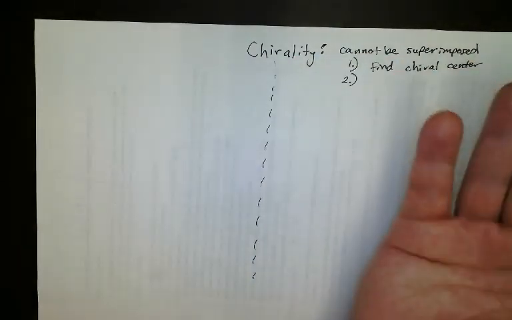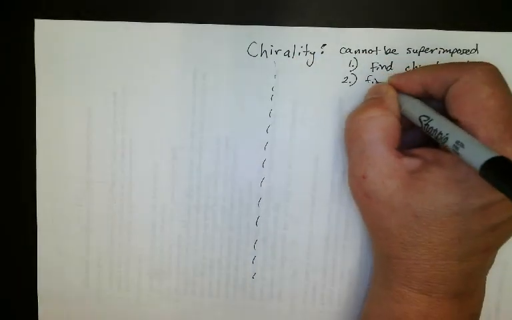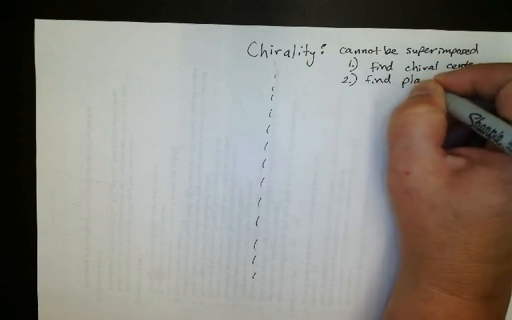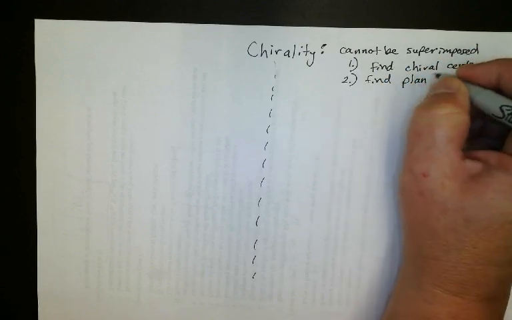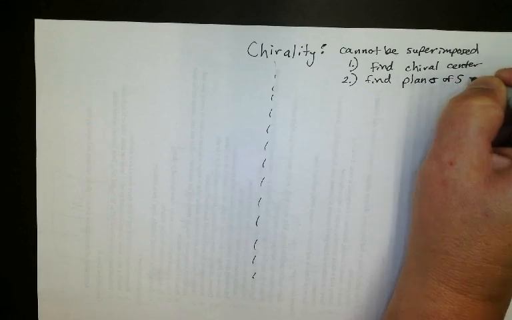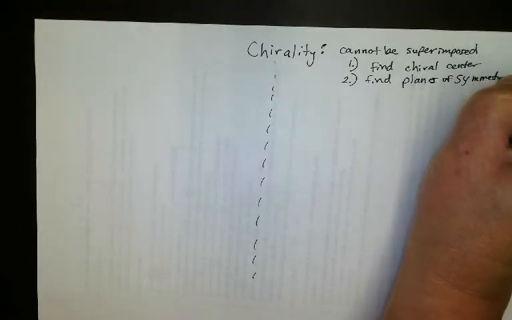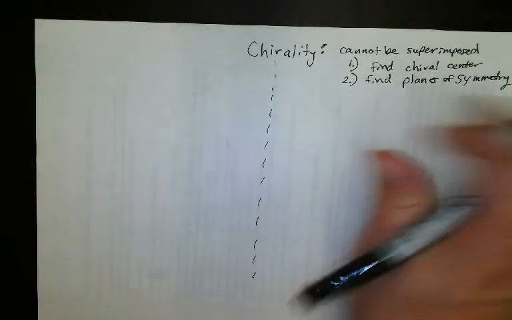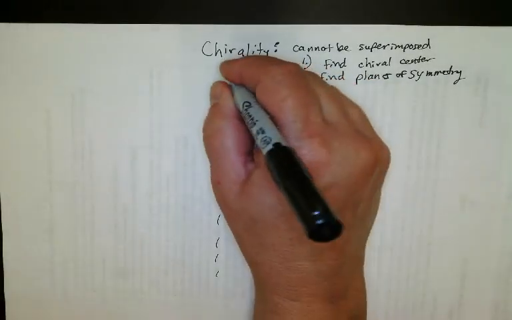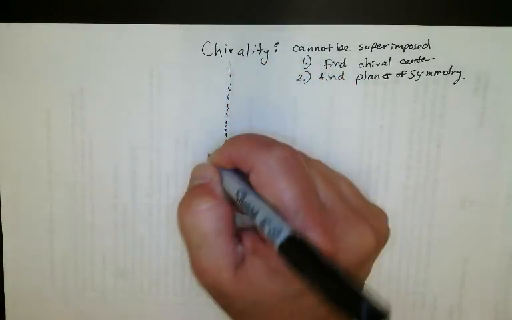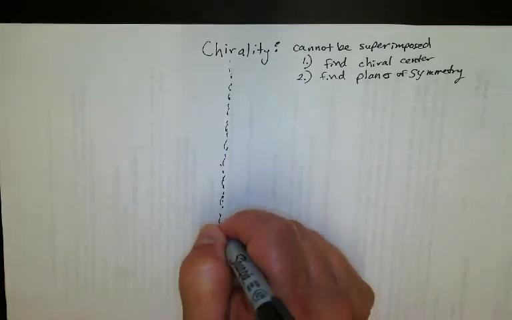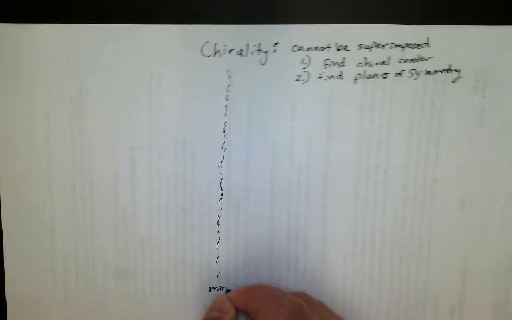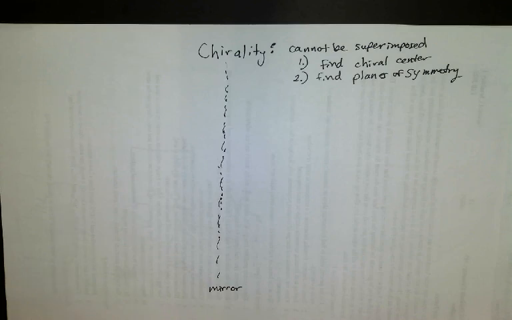That's your X, Y, and Z. So what I have here is a dashed line. This dashed line is my mirror, because that is the easiest way to find out if you have a chiral particle or not.